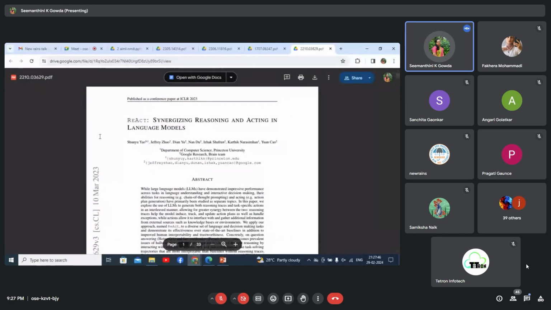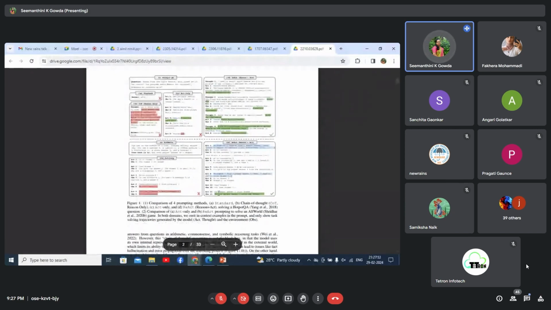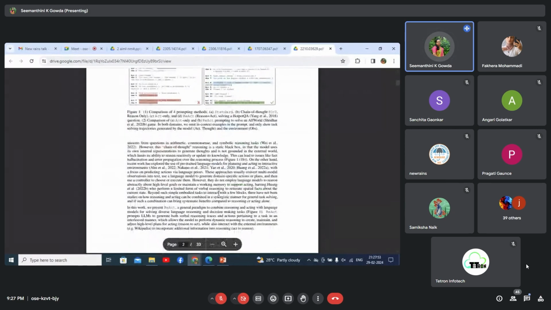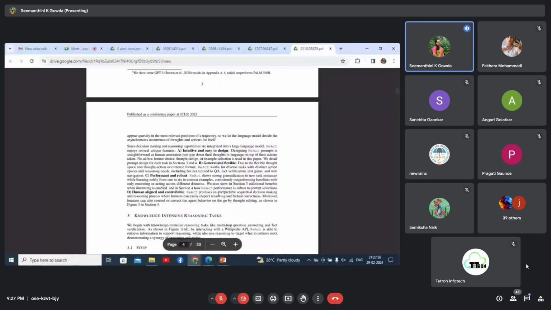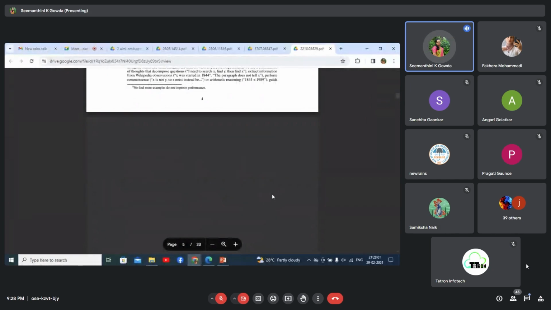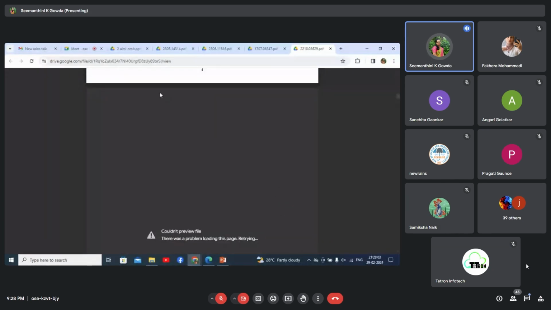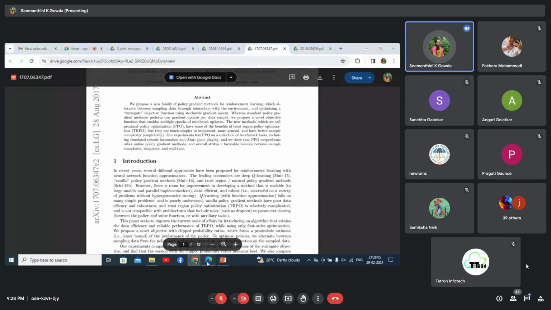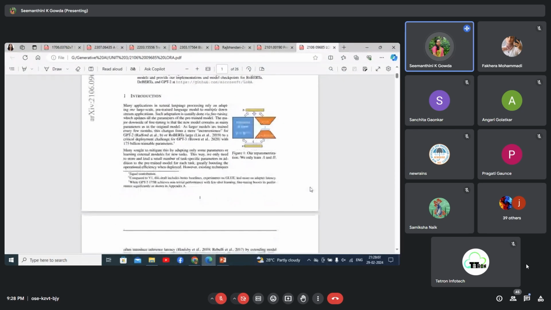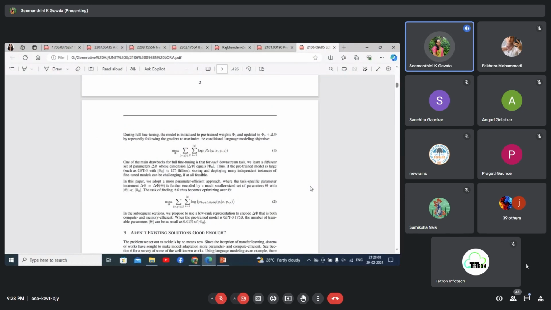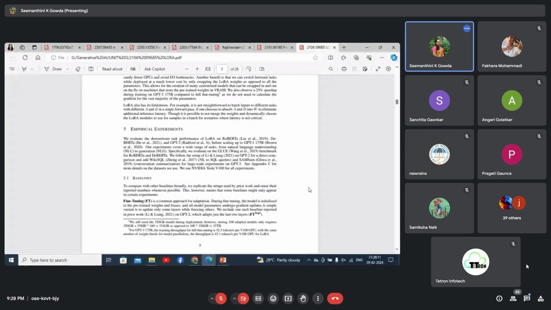And we have some papers for ReAct, right? Reasoning and act. This is also what they have given. These are all images taken from those papers only, right? But the number of pages in white papers is huge compared to normal papers, so it takes more time for us to sit and come out with the outcome.